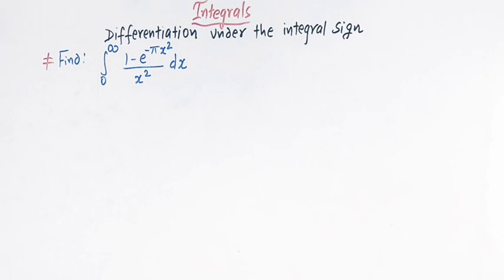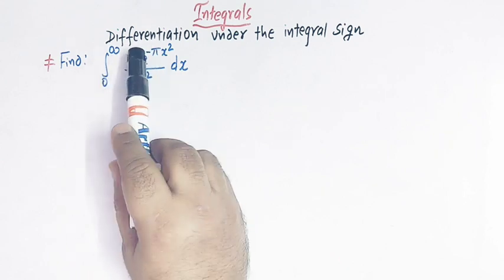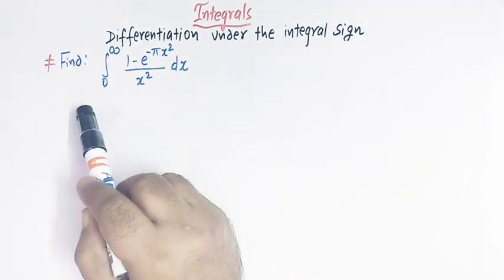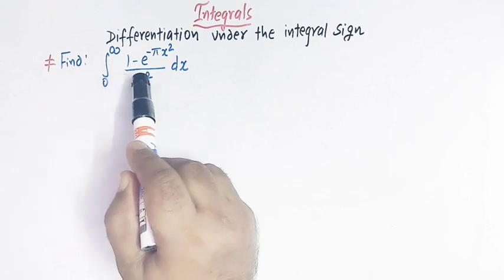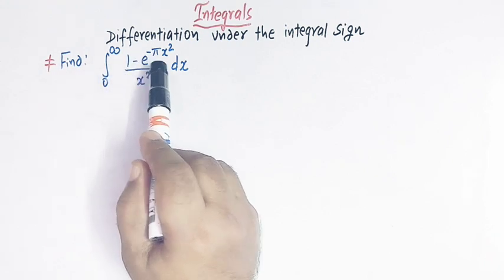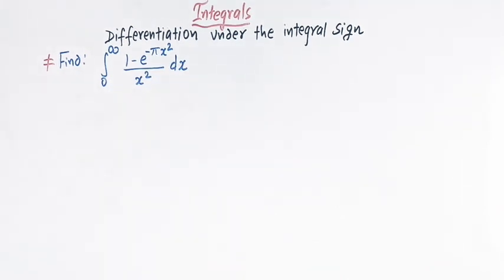So in this lecture we'll see how we can evaluate this integral using this method. Here we have the integral from 0 to infinity of 1 minus e raised to minus pi x square, divided by x square, dx.